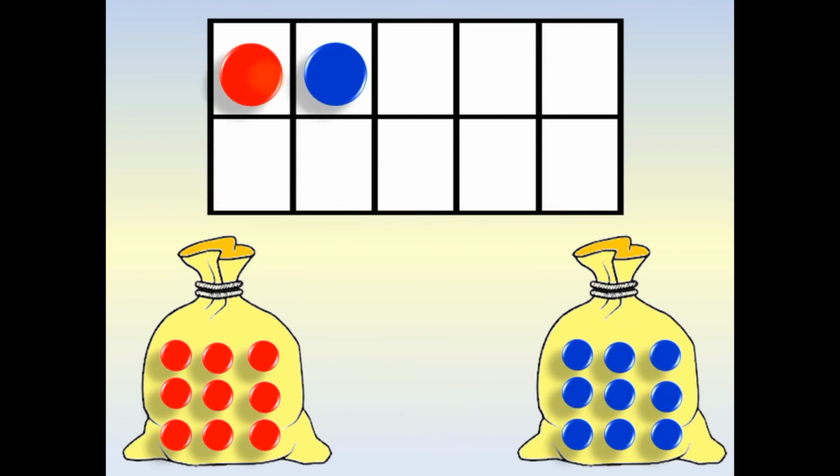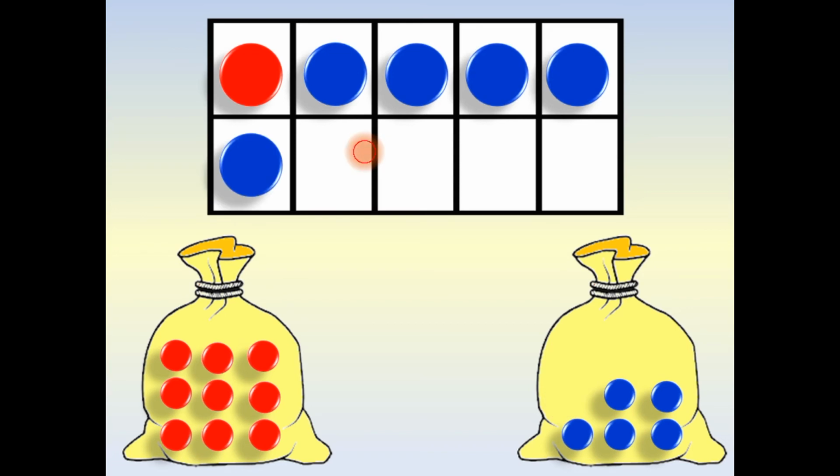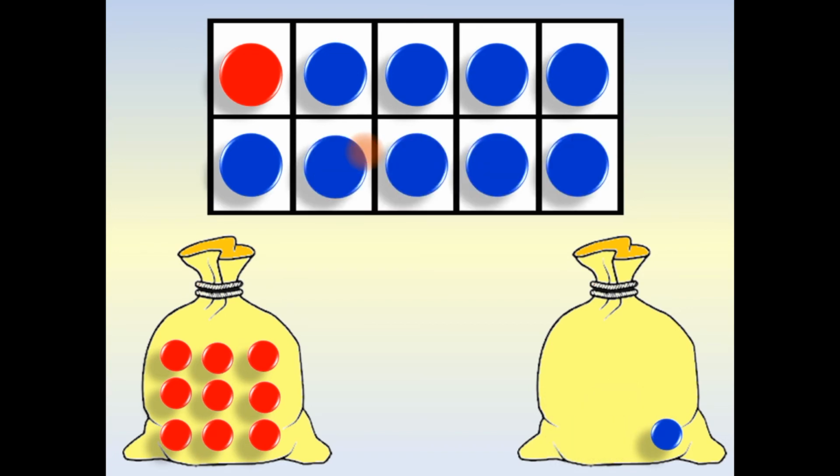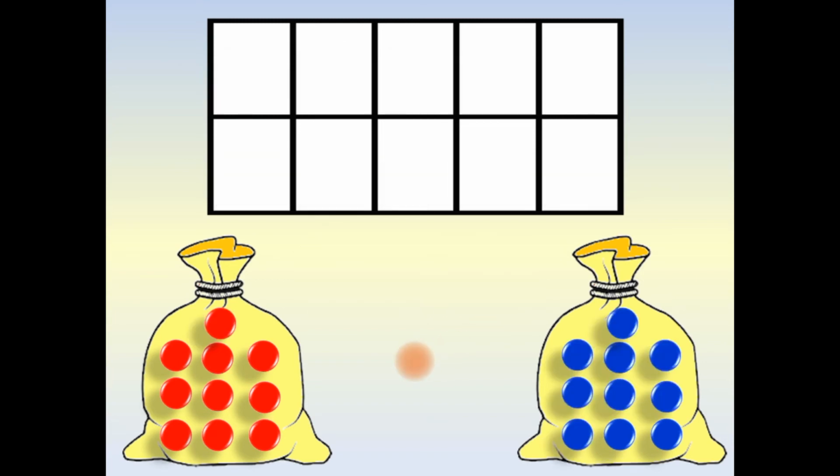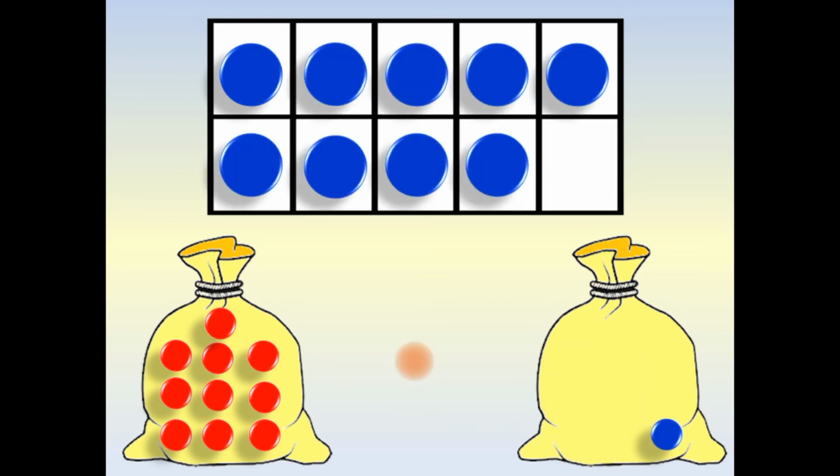1 red pawn, of course, with 9 blue pawns gives us 10. So the equation is 1 plus 9 equals 10. 1 red pawn plus 9 blue pawns gives us 10. And finally, we didn't distribute the red pawns.